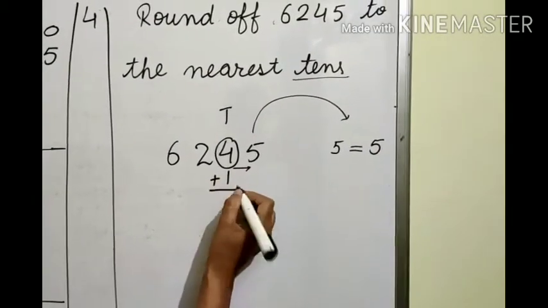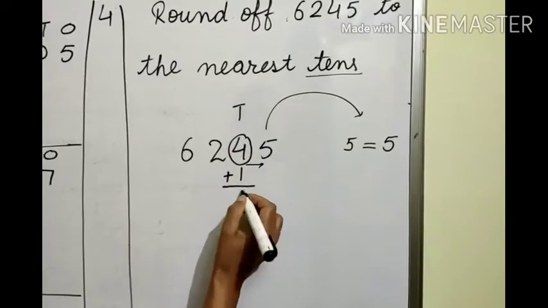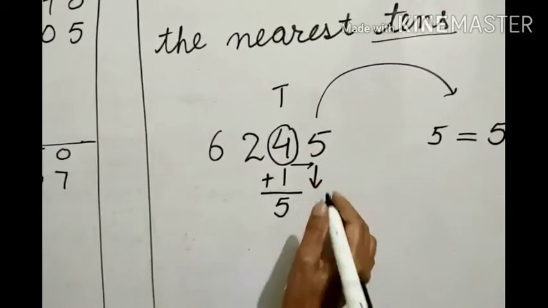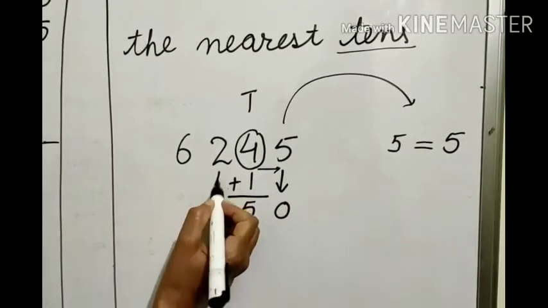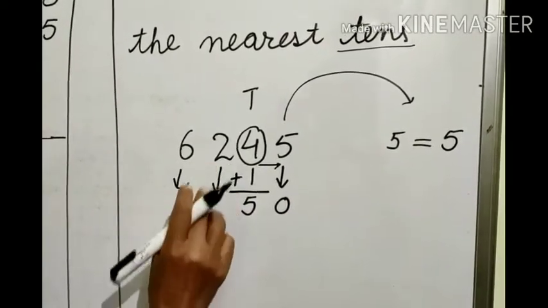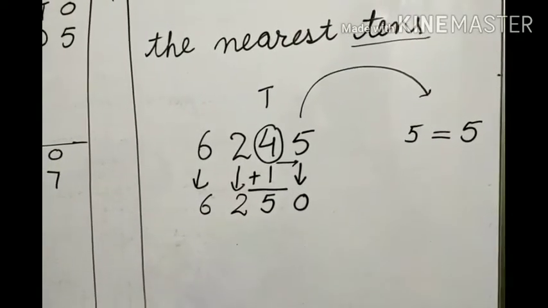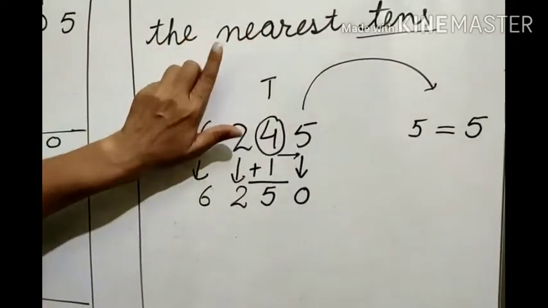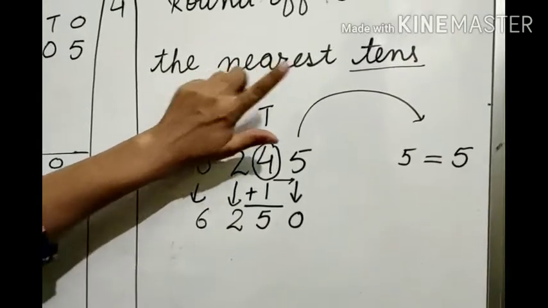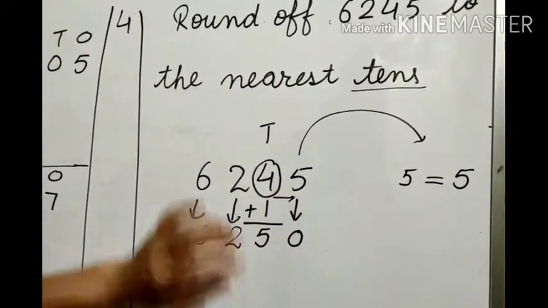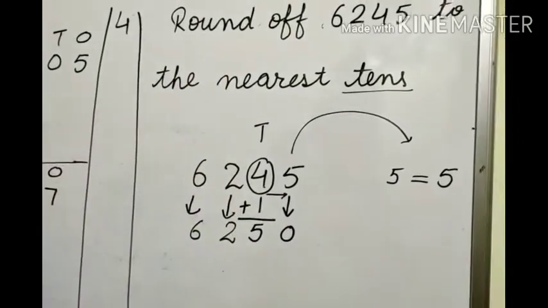We add 1 to the circled digit. The right digit to the circled digit will turn to 0, and the hundreds and thousands place digits will remain the same, as in rounding to the nearest tens we deal only with the last 2 digits, ones and tens. The rest will remain the same.